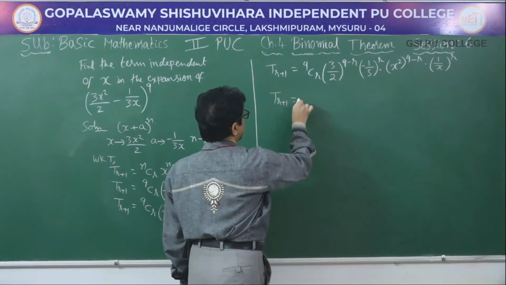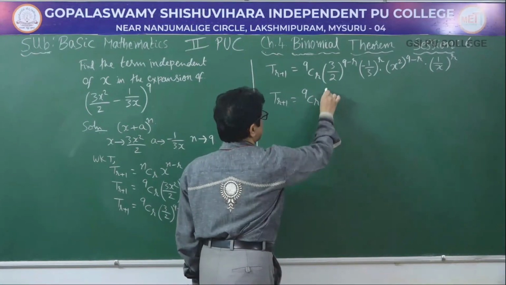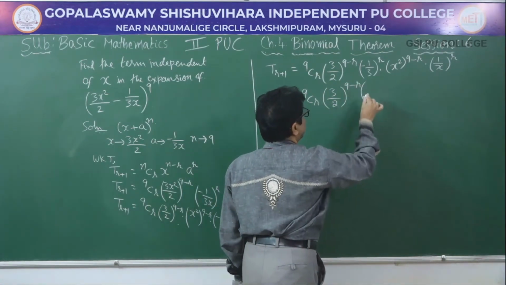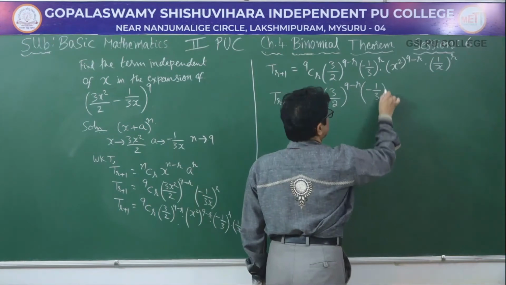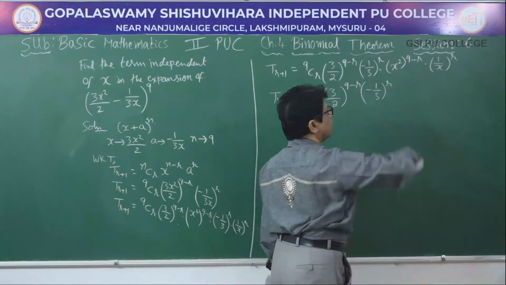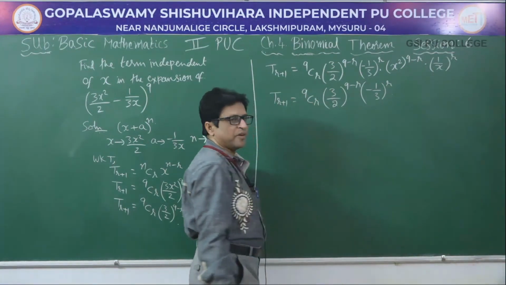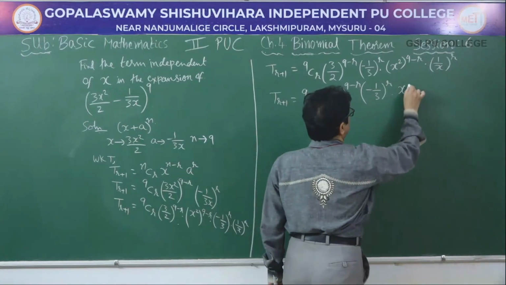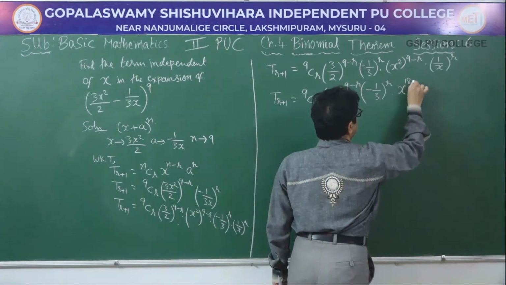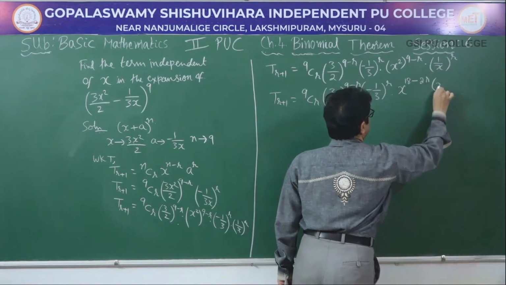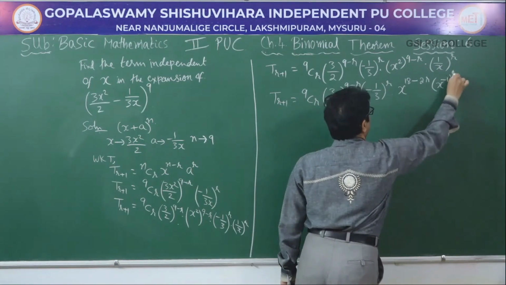T(r+1) is equal to 9Cr into (3 by 2) whole power (9 minus r) into (minus 1 by 3) whole power r into, this is of the form (a power m) whole power n, that is a power m into n. So we get x power 2 into 9 is 18 minus 2 into r is 2r. 1 by x can be written as (x power minus 1) whole power r.